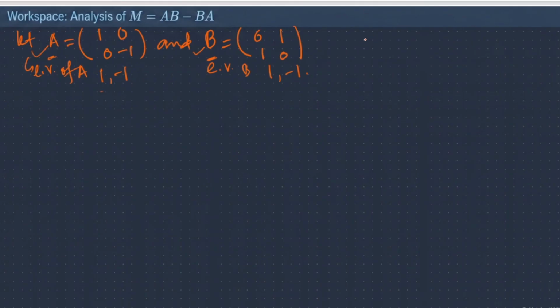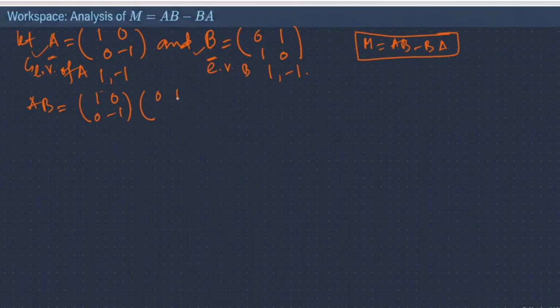Now we have to check whether M equals AB minus BA is diagonalizable or not. For that, AB equals 1, 0, 0, minus 1 times 0, 1, 1, 0.